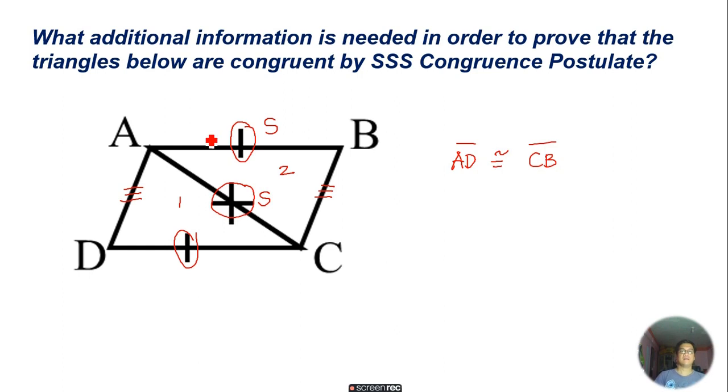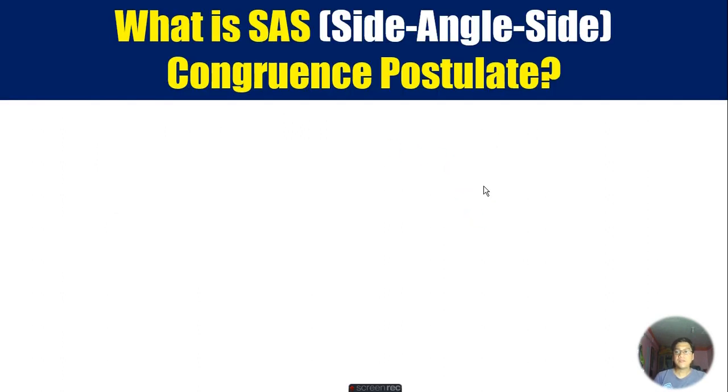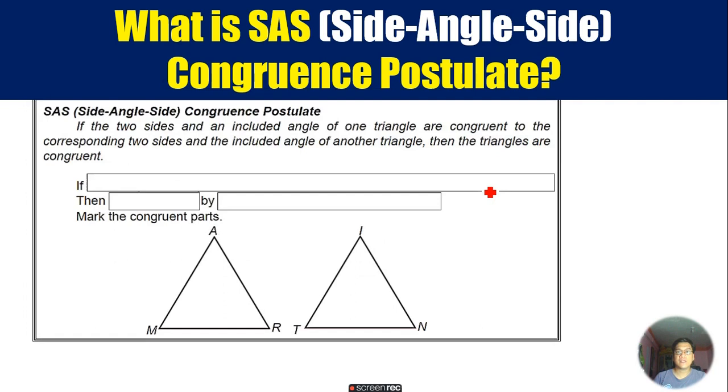Alright, so that's the remaining side, AD and then CB. Okay, so it is now complete. So S, S, and S. Okay, so that's it.